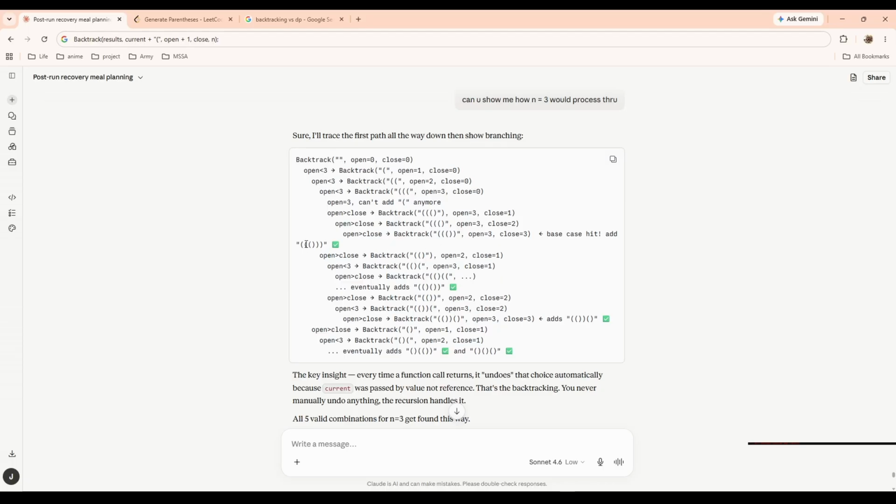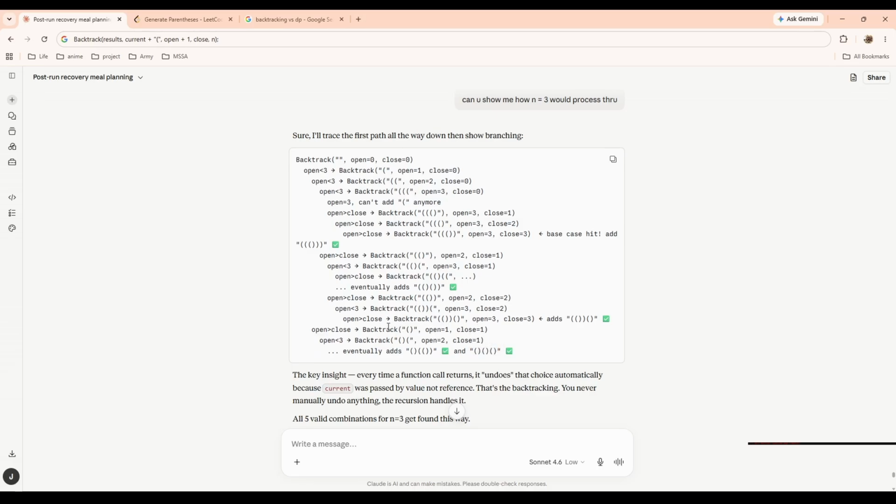We have 2 open that is yet to be explored. So then we close it and then try to open it and then make a new combination and reach this particular solution or result, and then we go back again and try some other combination and add it. Finally, we go to the last possible combination that looks like this.